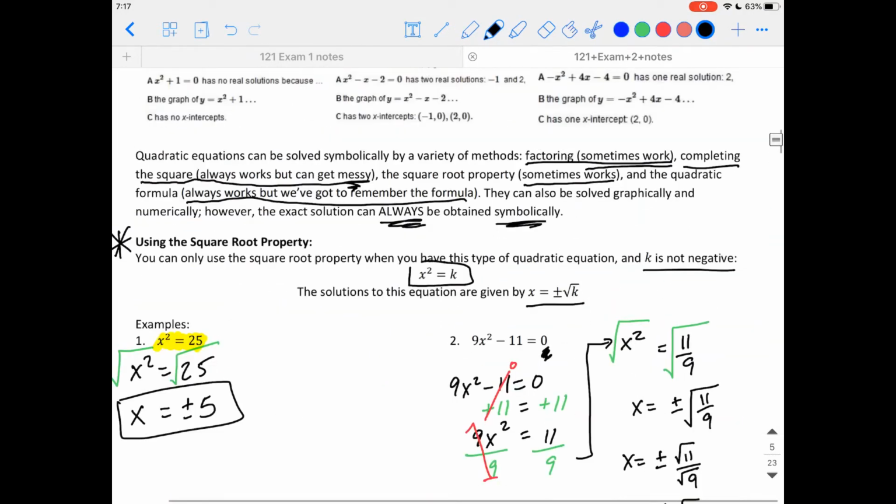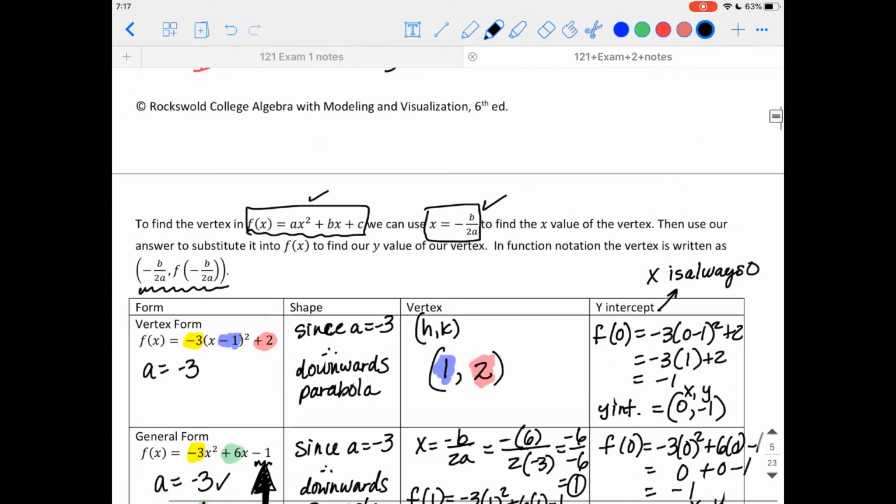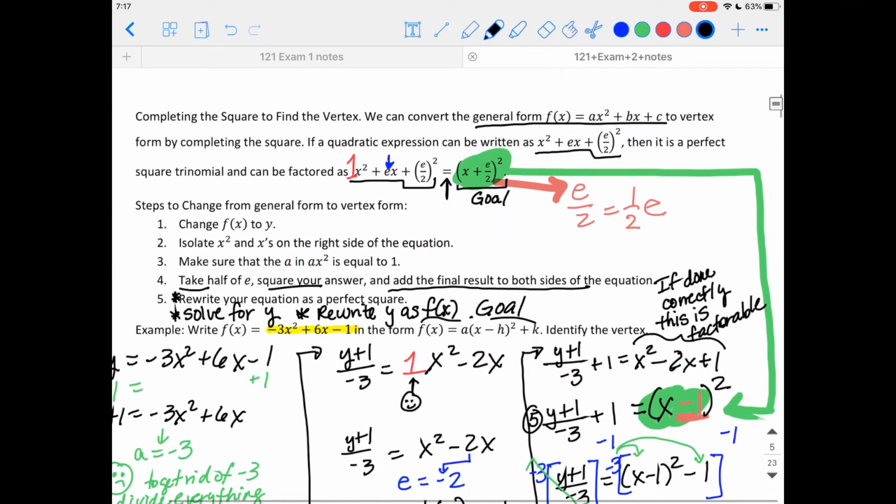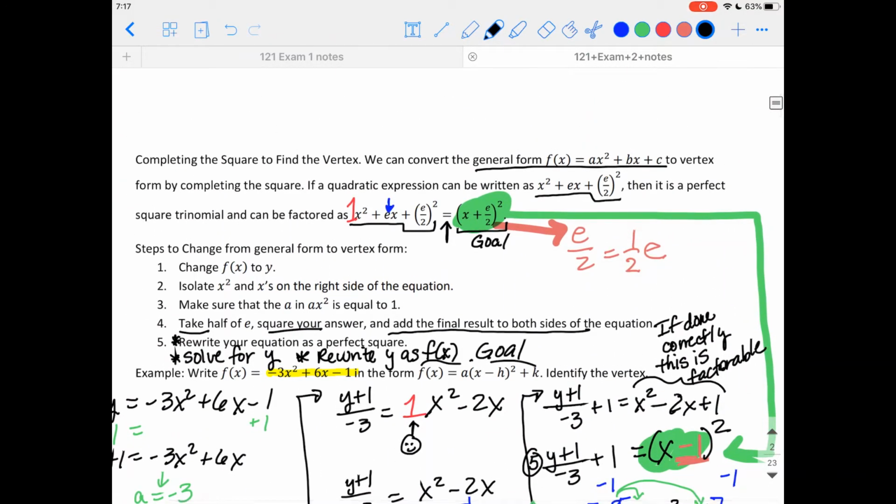If I go back to the notes right here, these were the steps to change from general form to vertex form. And one of the steps was to isolate the x squared and the x's on the right side of the equation. So be careful to know the difference. These steps we're going to use when we want to go from general form to vertex form.